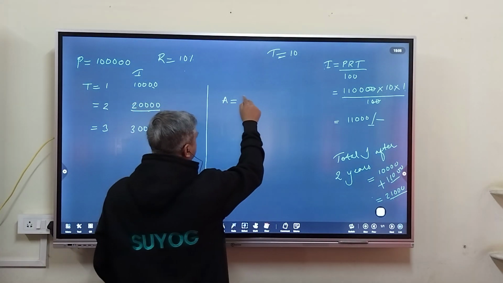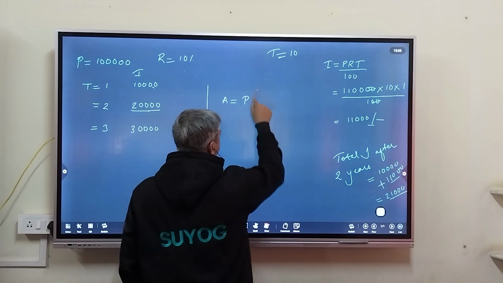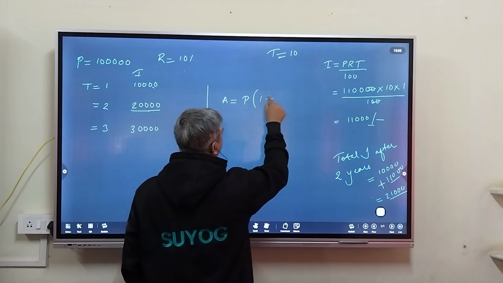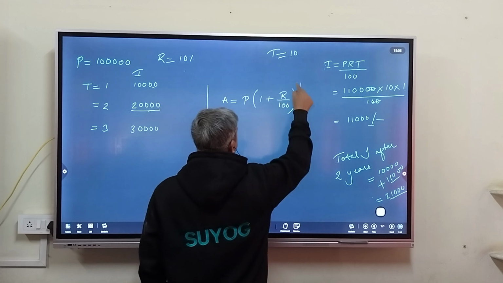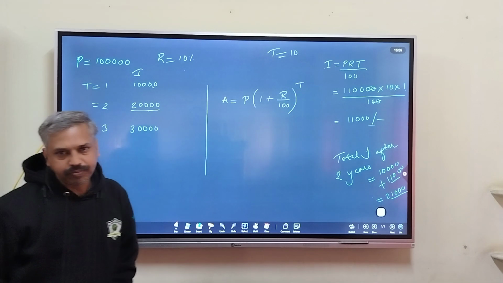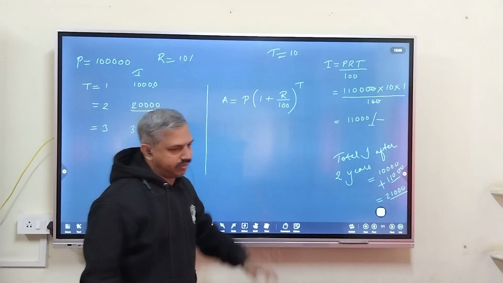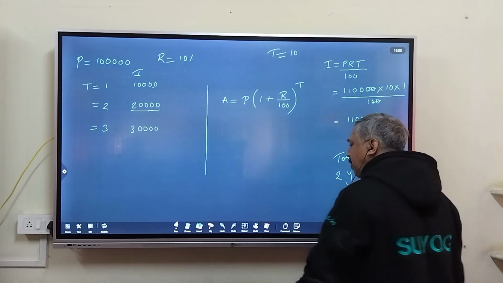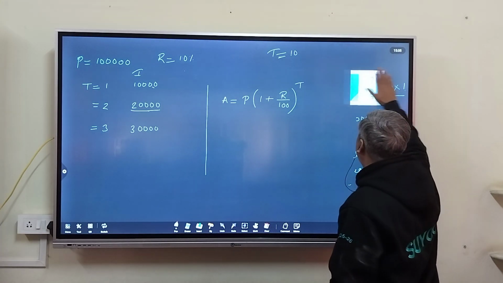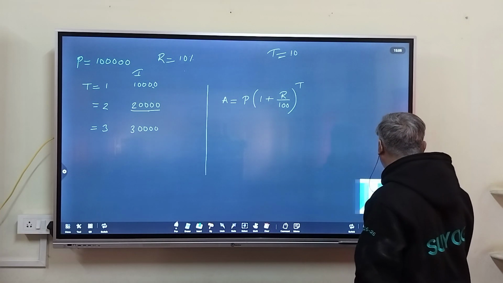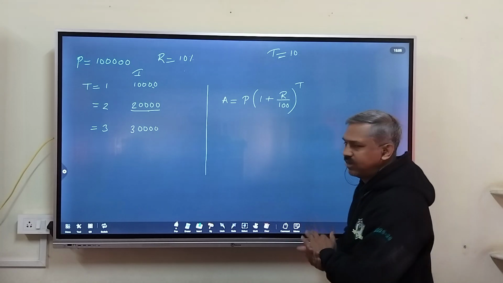A is equal to principal P into bracket 1 plus R by 100 bracket raised to T. This is the formula. How has the formula come? We'll talk about this later on when we actually meet. Right now, let's assume that this is the formula, and with this formula, we calculate the interest.